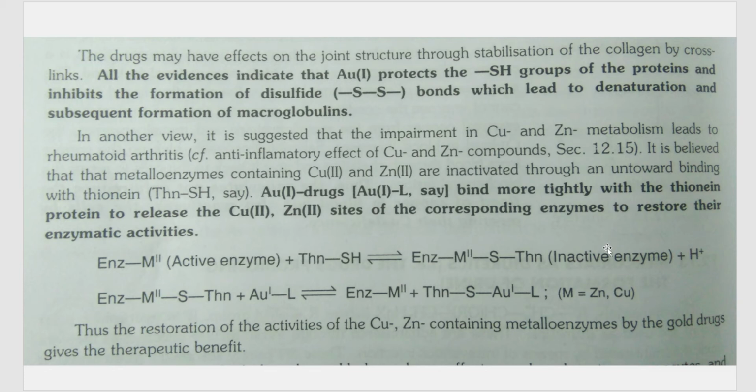So there is a restoration of activity of copper and zinc containing metalloenzymes. So what are the two ways in which the gold drug is acting? One is the stabilization of the collagen protein, that is, it will make sure that it does not form disulfide linkages, and one more is by activating the copper and zinc containing metalloenzymes.